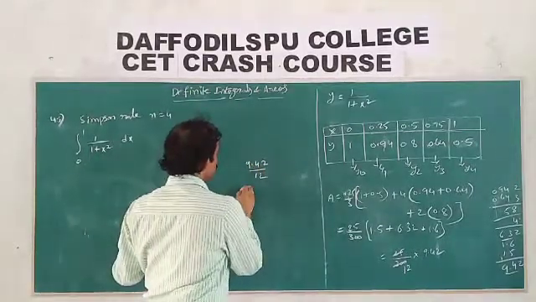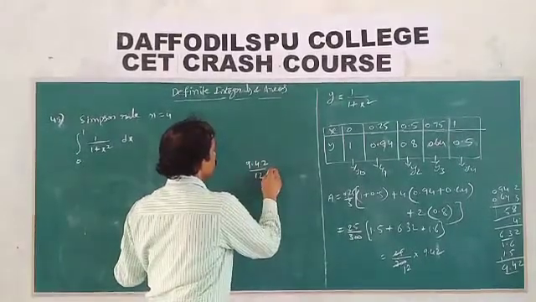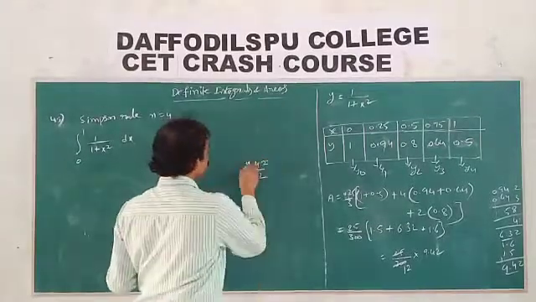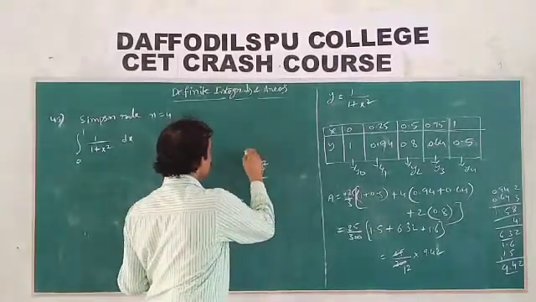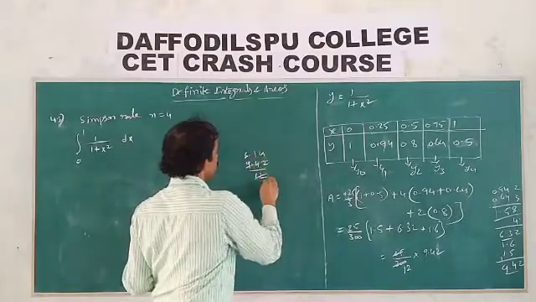So this value is equal to 9.42 by 12. So 3 table is possible: 3 times 1 and 4 times 4.